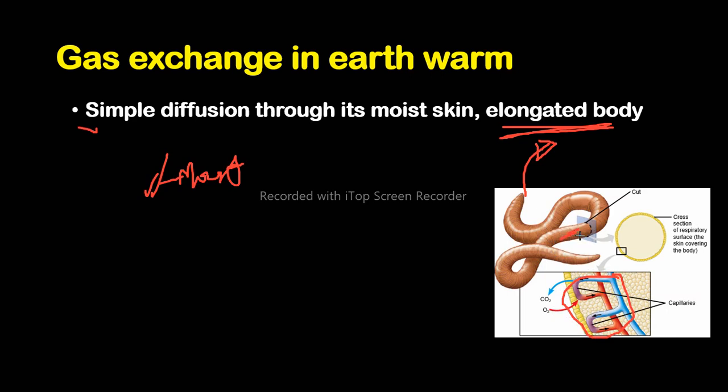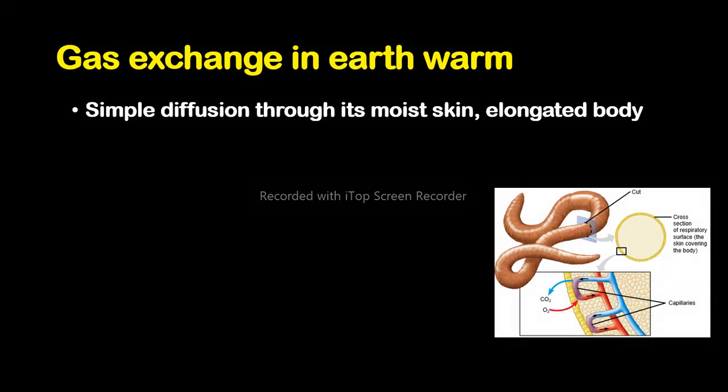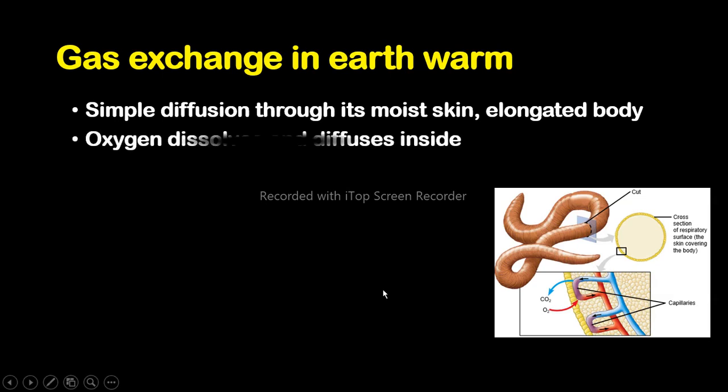What are these capillaries doing? They sweep away the oxygen and bring the carbon dioxide, so that at any time t, you maintain that concentration gradient. We discussed the adaptations of gas exchange surfaces, and they are the same. There is nothing unique as far as an earthworm is concerned.